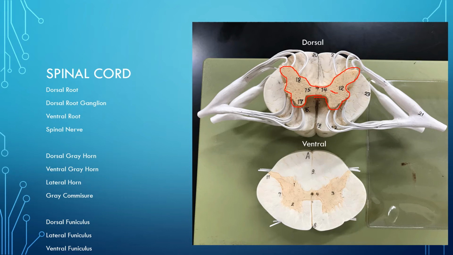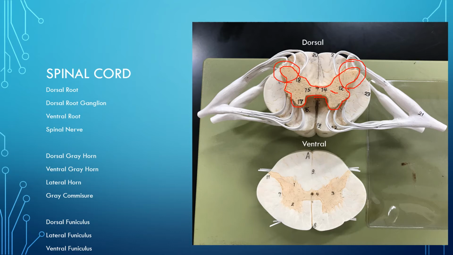Do you see how they form a kind of butterfly shape? Well, the horns are going to point to the dorsal side of the spinal cord up here. These are called the dorsal gray horns. Gray for gray matter, and then dorsal because they're pointing to the dorsal side. They're on the dorsal aspect of the spinal cord.